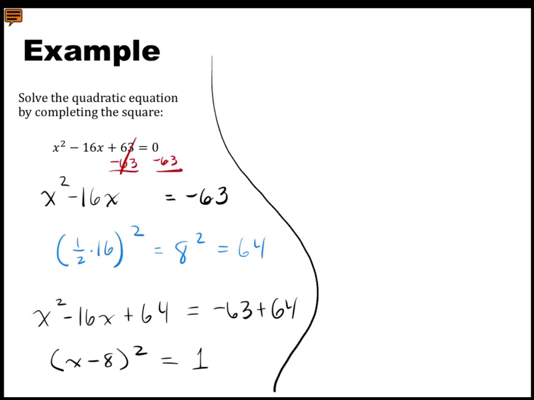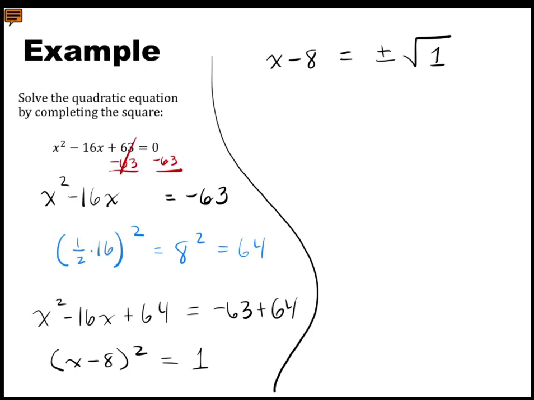I put a line there to give myself a boundary between the work I just did and the work I'm about to do. So if (x - 8)² equals 1, then x - 8 must be plus or minus the square root of 1.